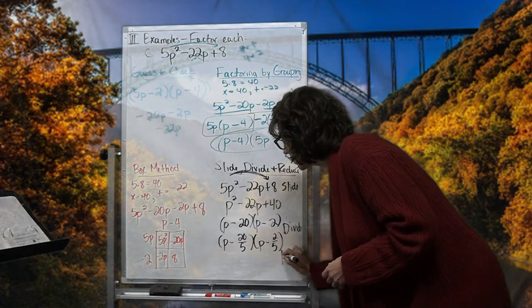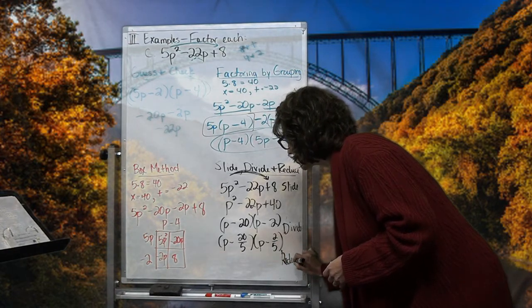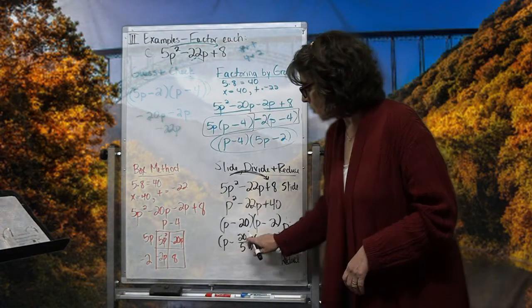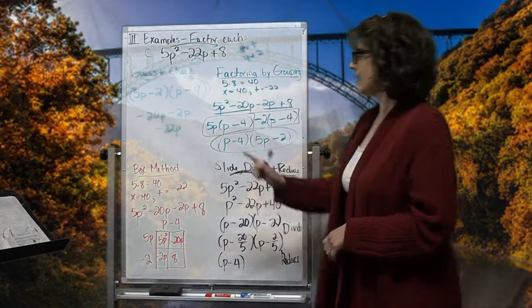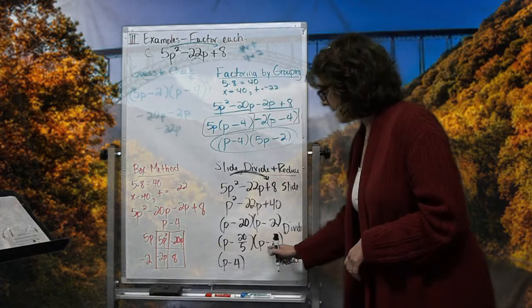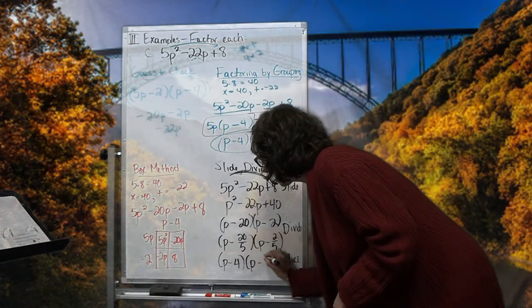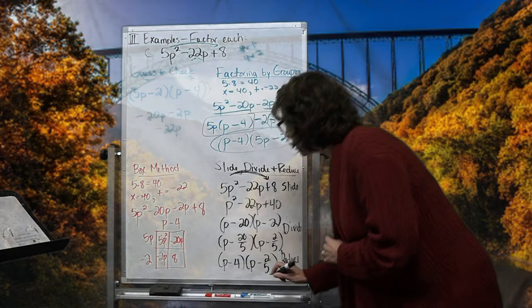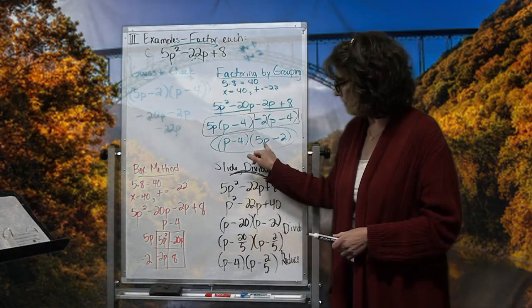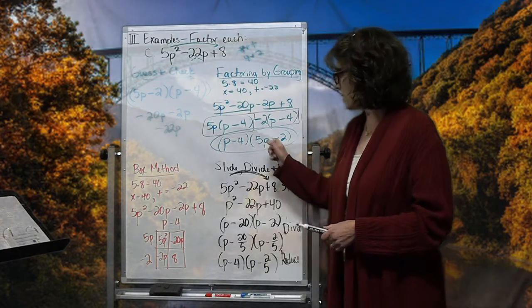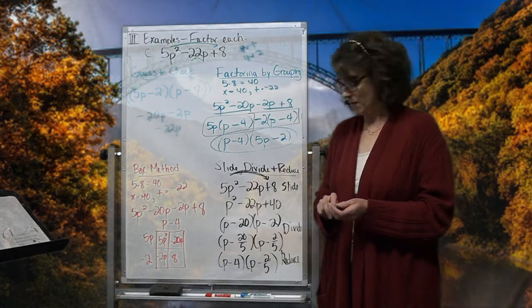And here's that very critical step of reducing. So important that you reduce. 20 over 5 reduces to 4. Hey, there's that p minus 4. And now this one won't reduce, but remember, I can clear out that fraction. I can multiply both of these by 5. When I multiply this by 5, I get my 5p. Multiply this by 5, I get my minus 2, and I get the very same answer.